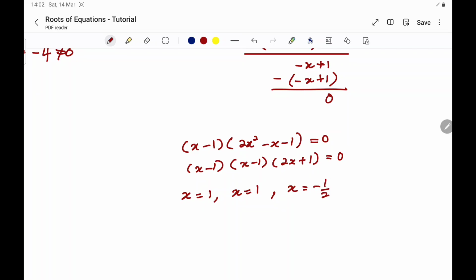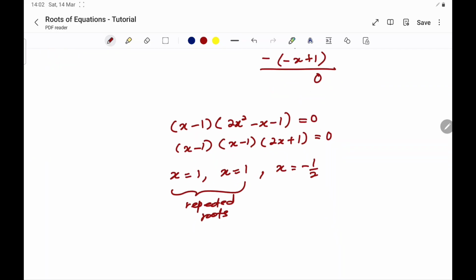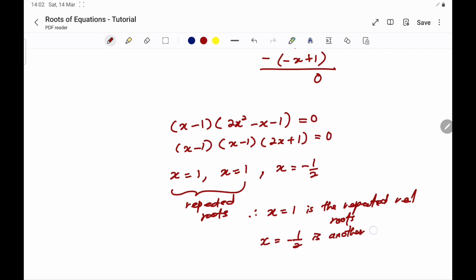So you have to see here that these two are repeated roots. So x is equal to 1 is the repeated real root. Another one, x is equal to negative 1 over 2, is another real root.